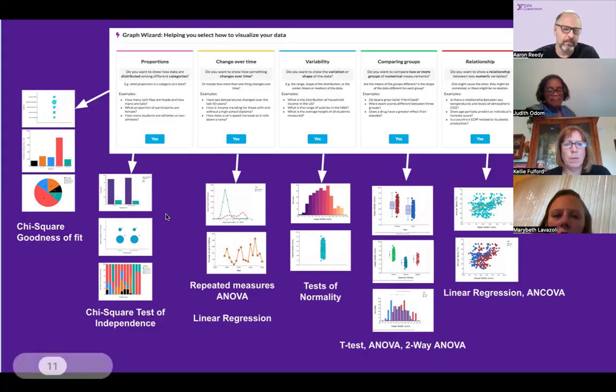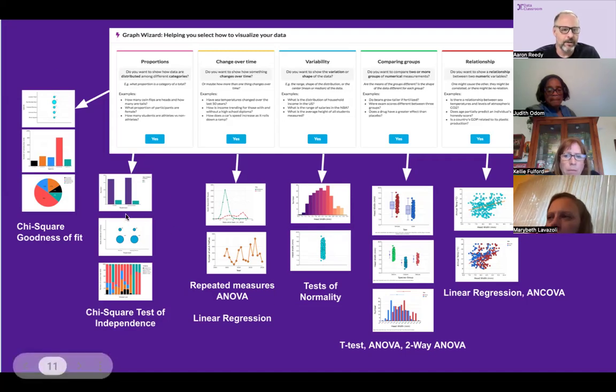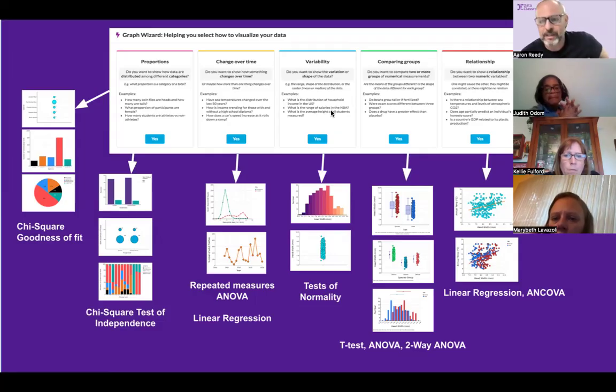These are questions of proportions, and you can see with proportions it's leading to different graphs there. In this little illustration there are six different graphs. So we're not in the full world of graphing possibilities, but we're working in a subset of graphing possibilities.